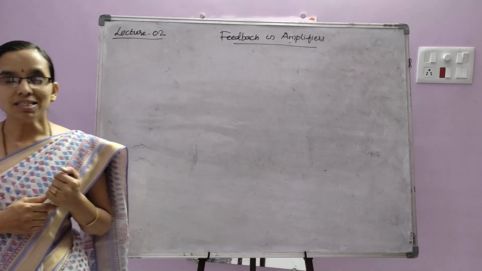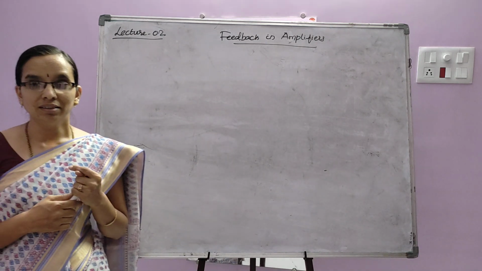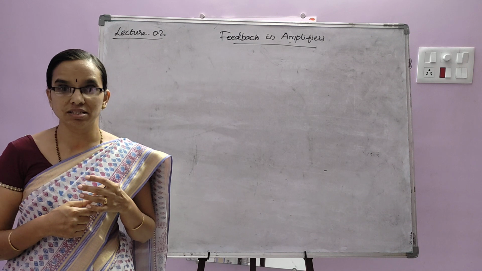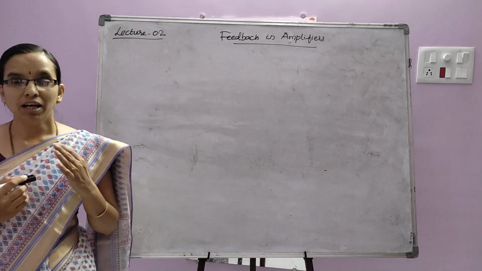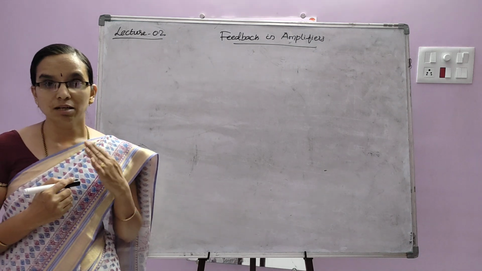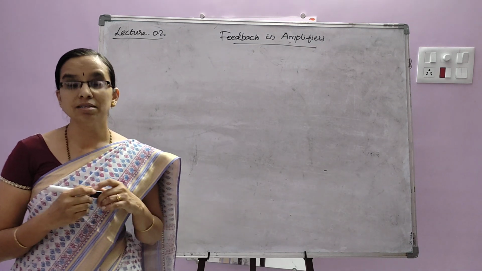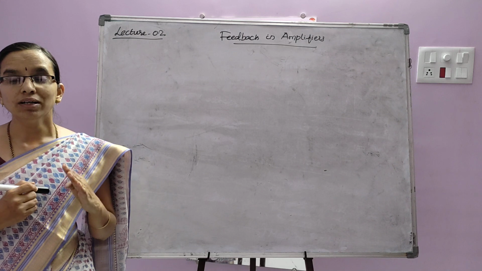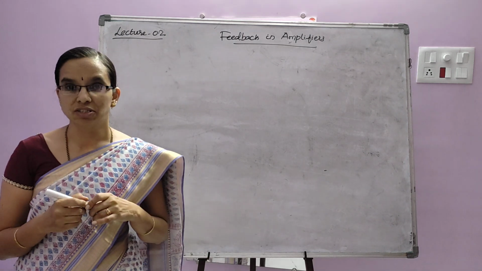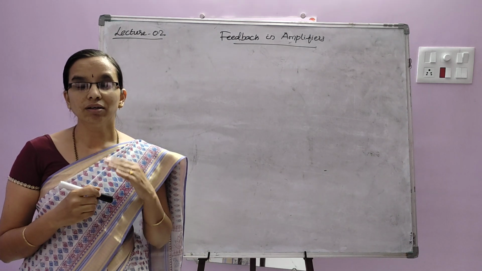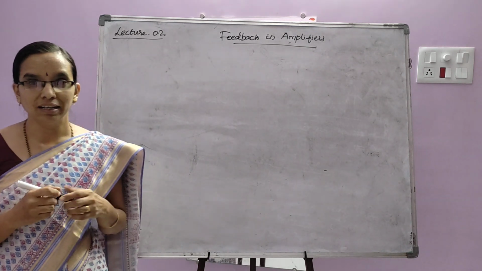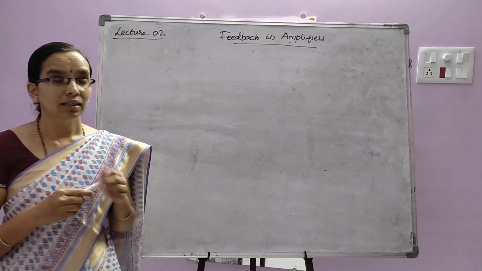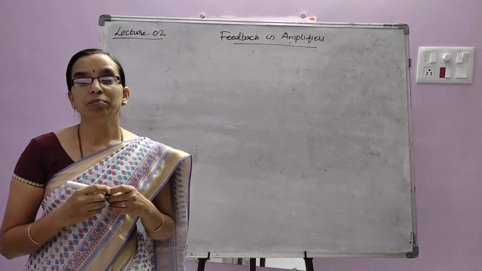So now we will study different types of feedback connections in negative feedback. That means we are going to study in this second PUC syllabus. There are 4 types of negative feedback connections, 4 configurations or 4 topologies, whatever you want to call them. That depends on the types of negative feedback connections.